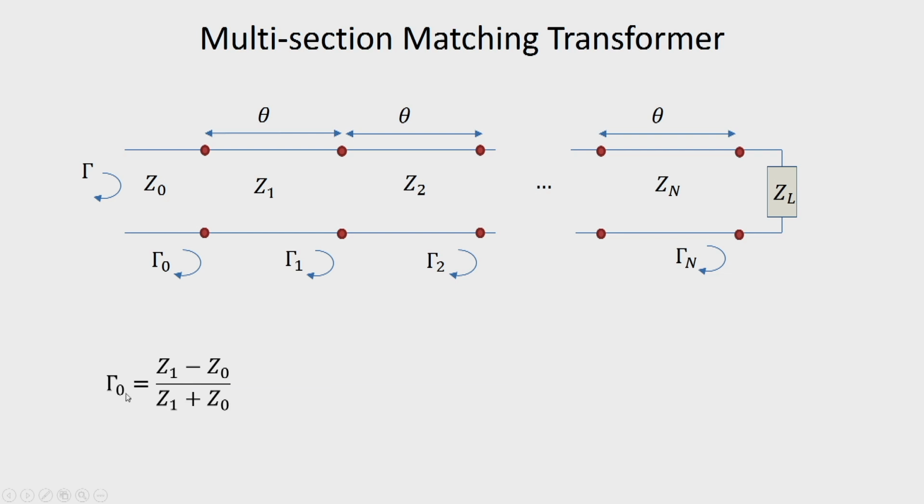We can write gamma 0 equal to Z1 minus Z0 divided by Z1 plus Z0, and continuing in this manner, gamma n is equal to Zn plus 1 minus Zn divided by Zn plus 1 plus Zn, and finally, gamma capital N is ZL minus Z capital N divided by ZL plus Z capital N.